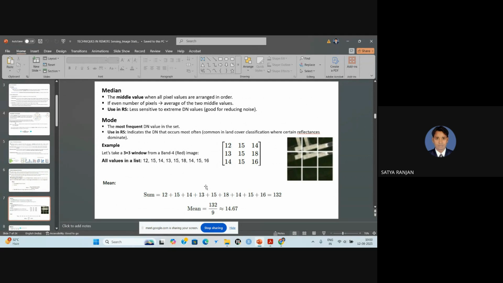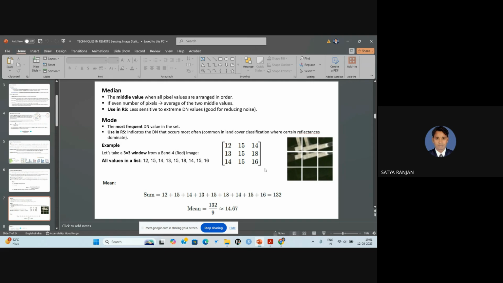Then the median is the middle value, where all pixel values are arranged in order. So this is the calculation for even and odd numbers. If a 3 by 3 window from a band 4 image has values in the list such as 12 to 16, this is the matrix of different digital numbers of different reflectance information. Generally a satellite image has a lot of matrices. This is one example of a 3 by 3 window.